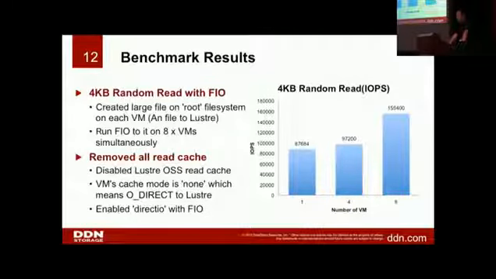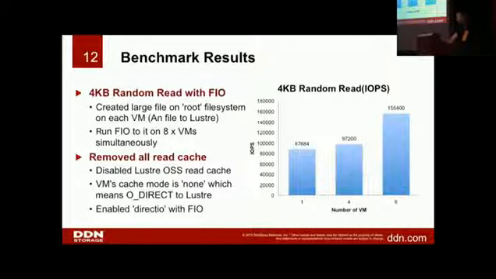You can mount it, but you don't need to. Once you run a benchmark on the root file system, you are doing the I/O to the Lustre, because it goes through the image. So in this case, we don't mount the Lustre file system from the VM, but just run FIO on the root file system inside of the VM.